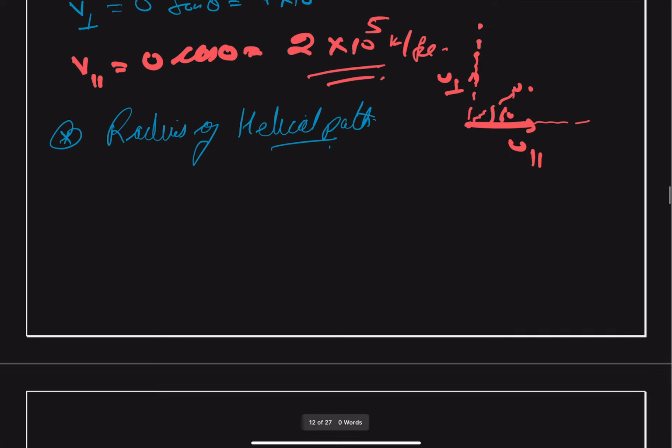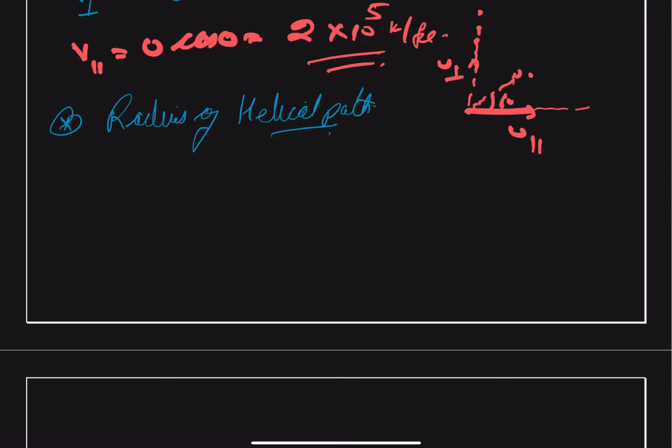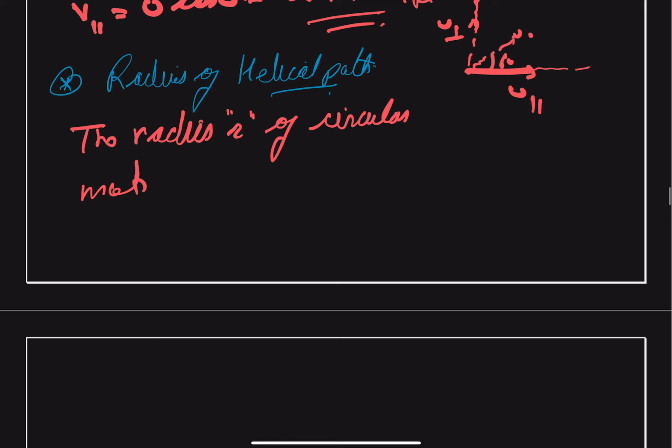Okay. So we can say the radius R of circular motion is given by the centripetal force balancing the magnetic force.